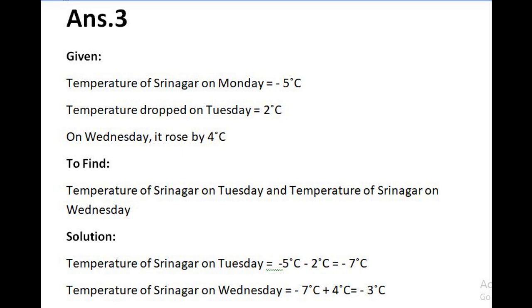Earlier on Tuesday it was minus 7 degrees Celsius, so we will take the temperature on Tuesday and add 4 degrees Celsius to that. So minus 7 degrees Celsius plus 4 degrees Celsius, you will get the answer minus 3 degrees Celsius. So this is the answer for question number 3.